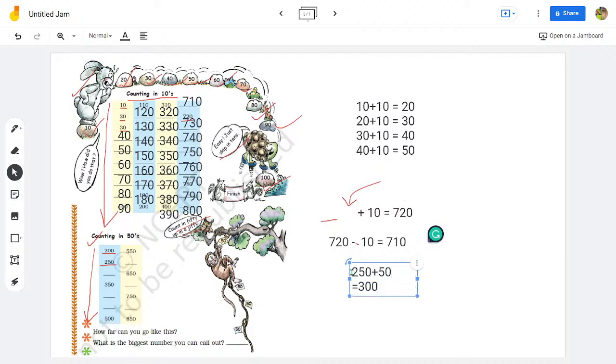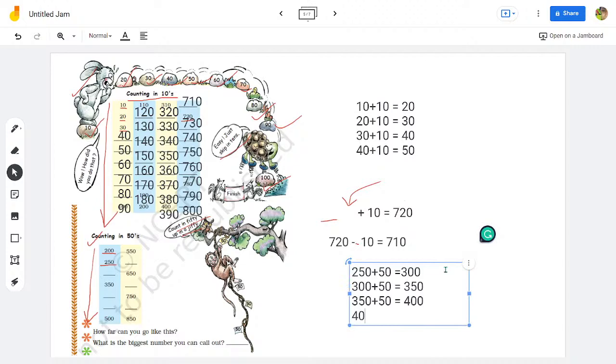300, right? Then add another 50 to 300, we would get 350. Add another 50 to 350, we would get 400.